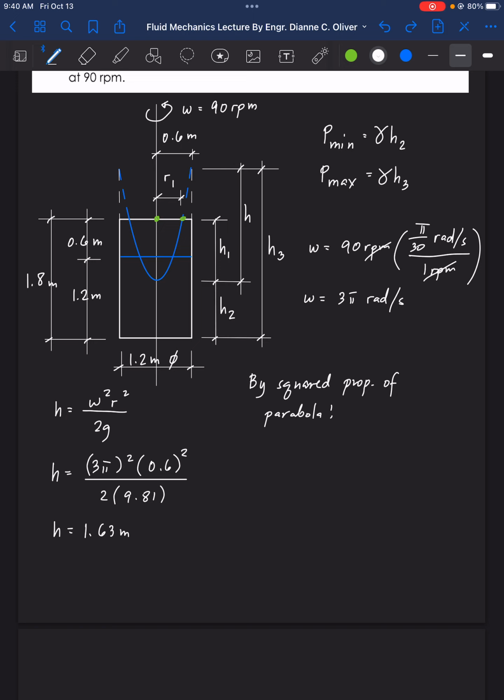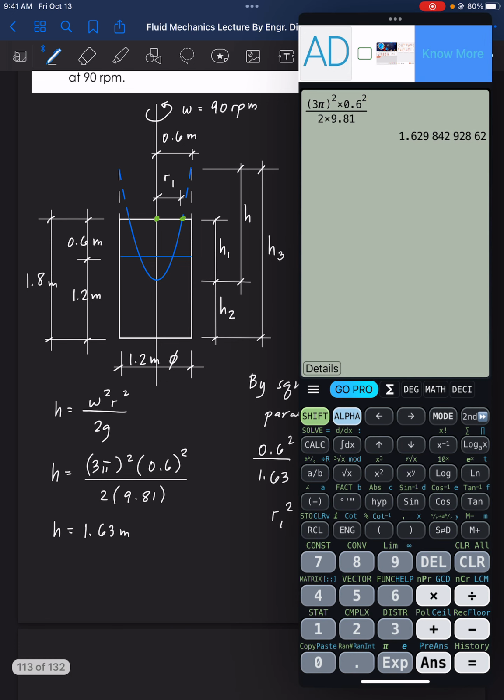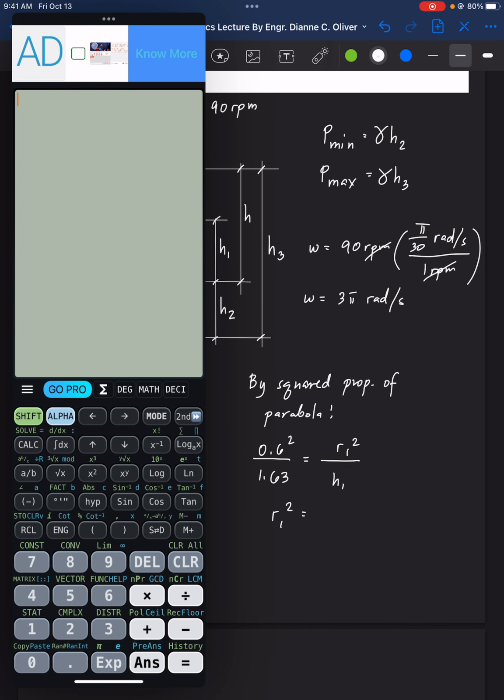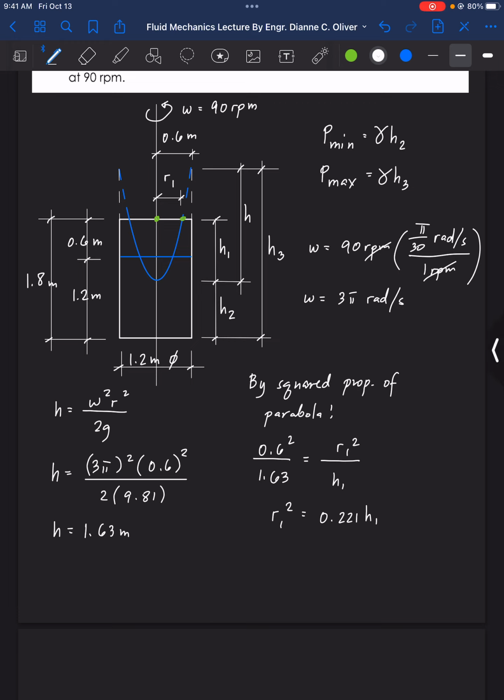So that will be the radius 0.6 squared divided by the height of that parabola, which is 1.63, is equal to R1 squared all over H1. So R1 squared is equal to 0.6 squared over 1.63. So that will be 0.221 H1.